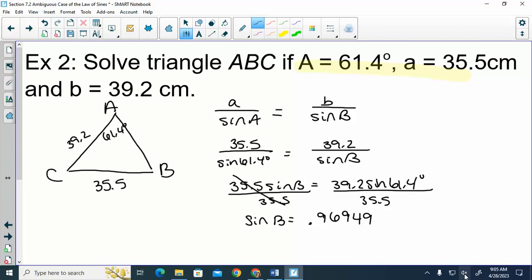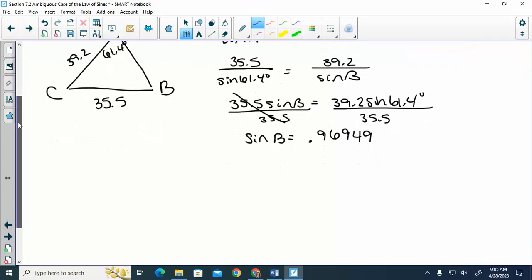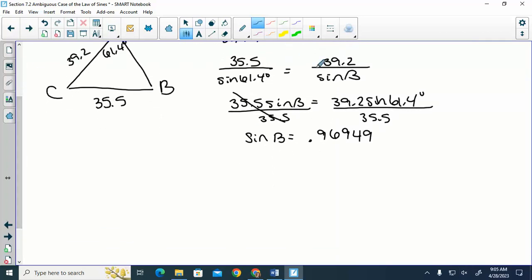So here's the thing to think about. If I want to find an angle, we have to do sine inverse, right? It's like those equations we were solving on our test. When is sine positive? So when I do sine inverse, I actually will have 2 angles. Okay, if we do sine inverse, that's going to give me my reference angle.